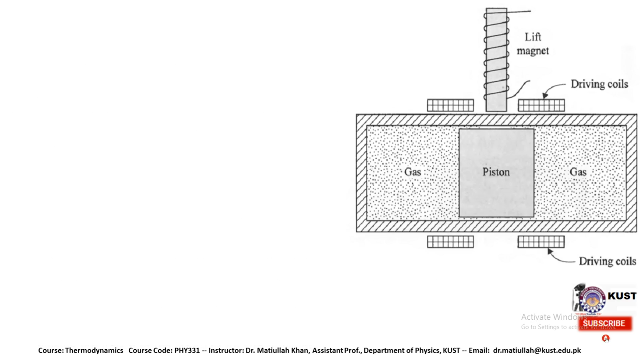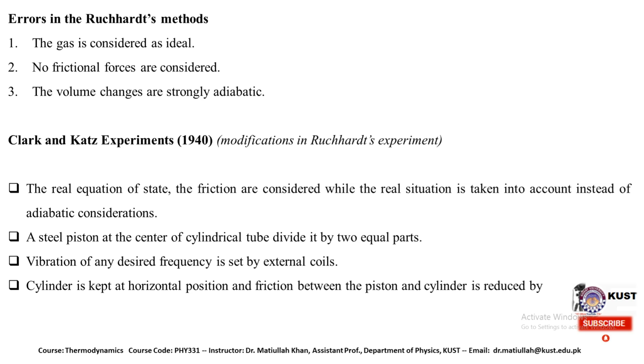Here you can see a gauge, a piston in between the gauge, driving coils for it, and the lift magnet to balance the weight of the piston, and similarly driving coils for that. When this is taken into account and the values are measured, the accuracy of the system is greatly improved, by 3%.